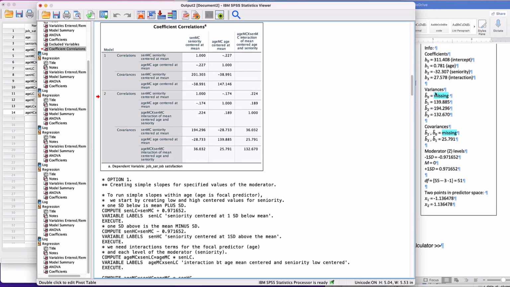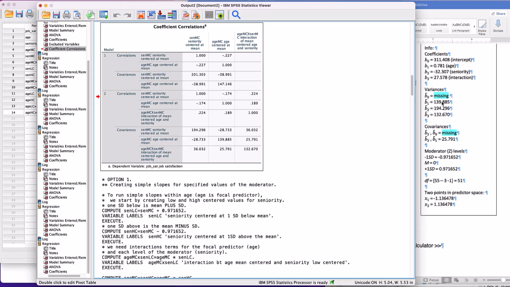And then our variances right here, the variance of seniority to seniority is 194,296. And seniority was B sub 2. So I put it there to help me keep track of it, even though it's not necessarily in the right order in this table. And then the variance for age to age right here is 139,885.